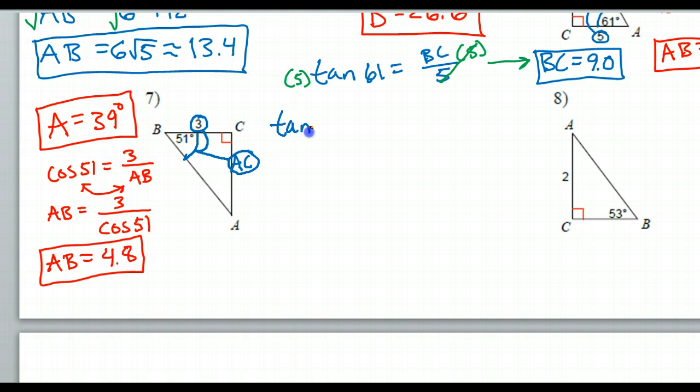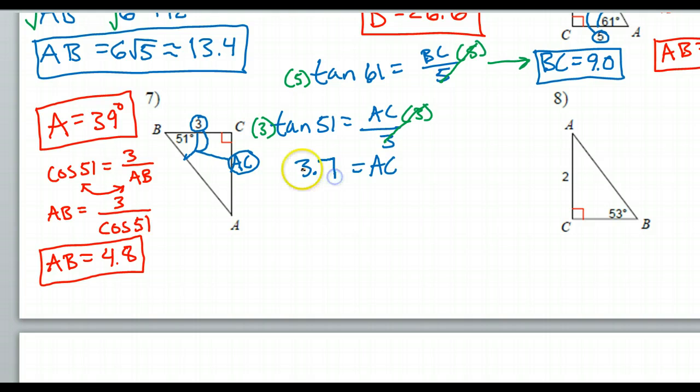So I will go tangent 51 is equal to opposite over adjacent. In a case like this, we just multiply both sides by the denominator. That will get AC by itself. So that means that AC equals 3 tangent 51. Calculator time. That's 3.7.